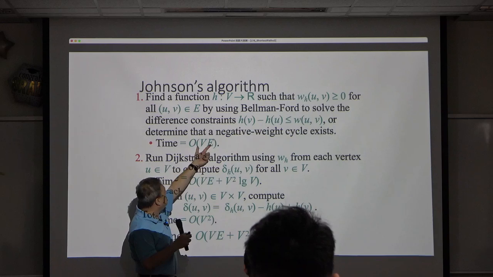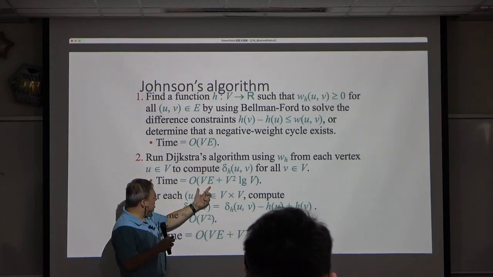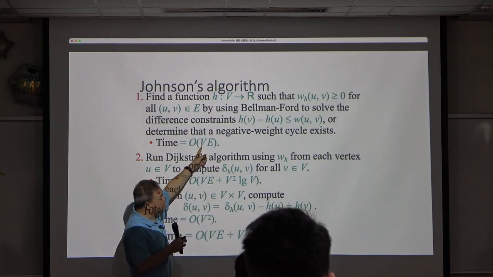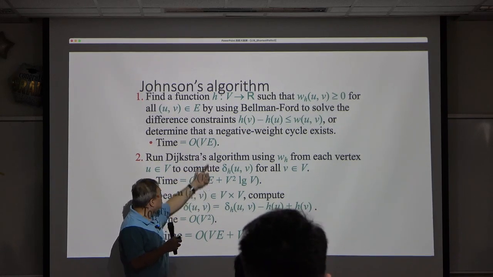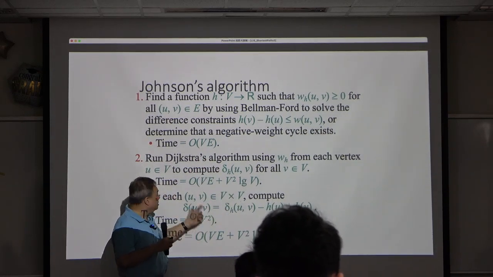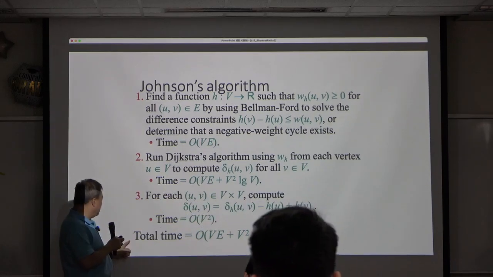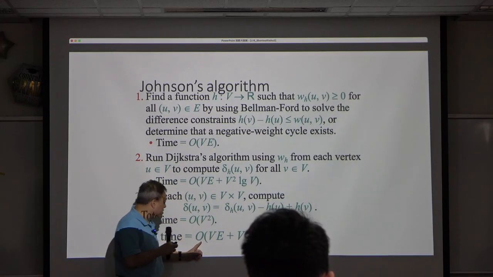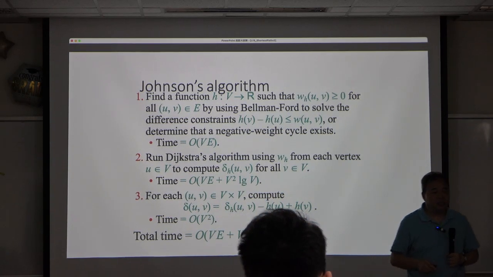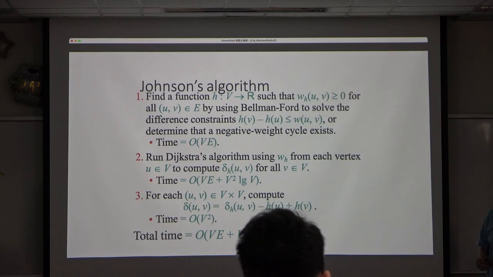This one is upper bounded. This one absorbs this one, right? And this one, obviously, absorbs this one too. So you can see the total time complexity is going to be big O of VE plus V squared log V. Okay?